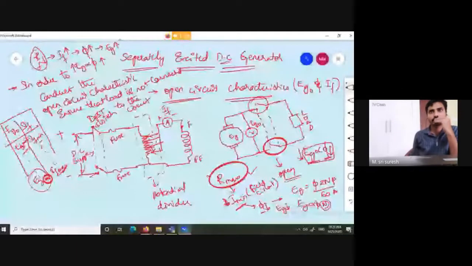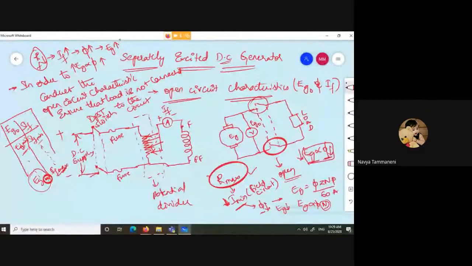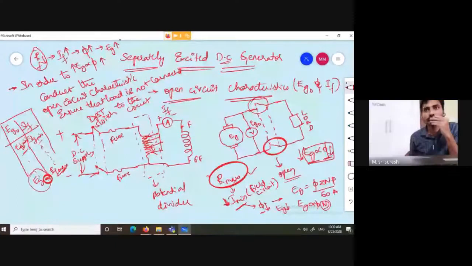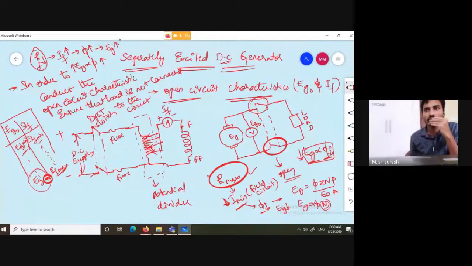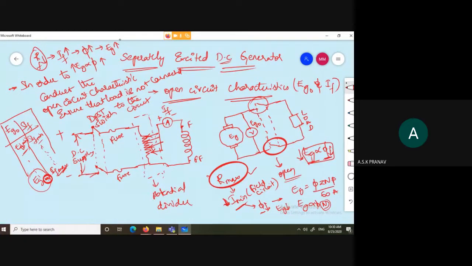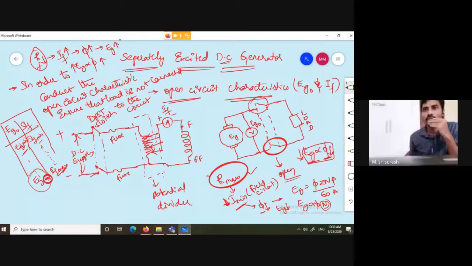Any doubts? Yes, sir. Sir, EG naught is the no load generated EMF. So if the load switch is in open condition, it reads the no load value.